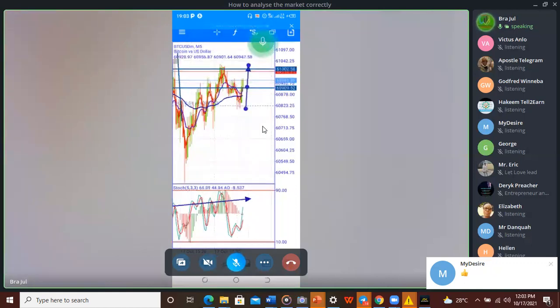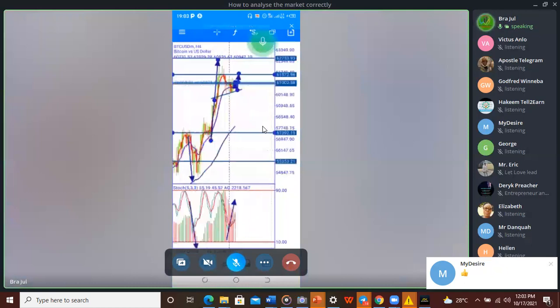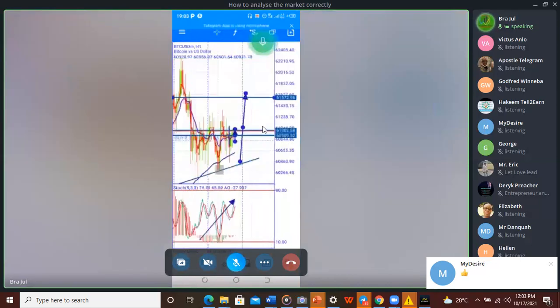On a higher time frame like H1, you have seen that it was approaching a particular level, and the market is already in a constant uptrend. So for me, I'm taking the trade here already because I know that it's a constant uptrend. So I bought that particular currency pair.